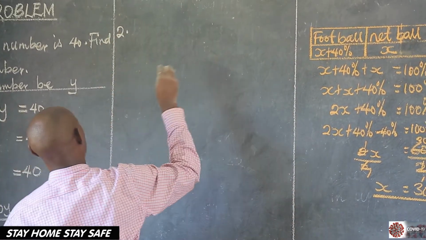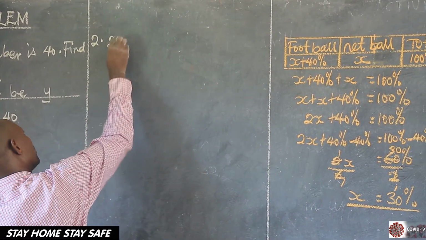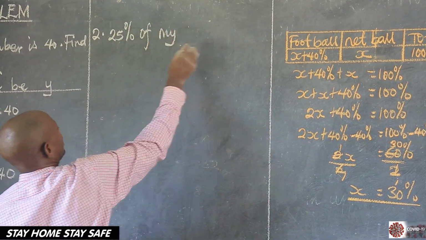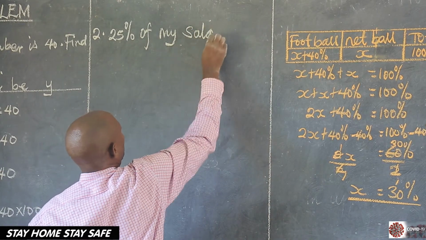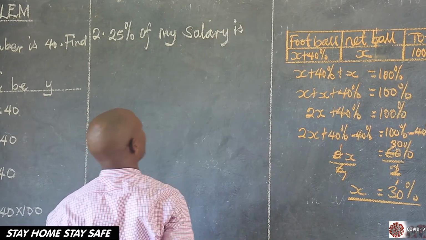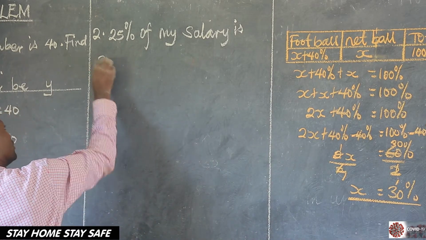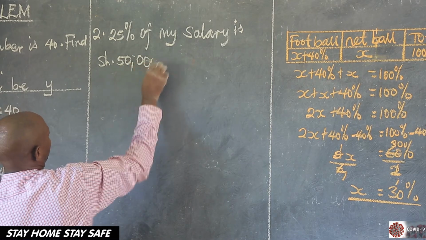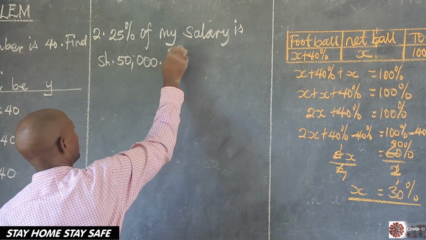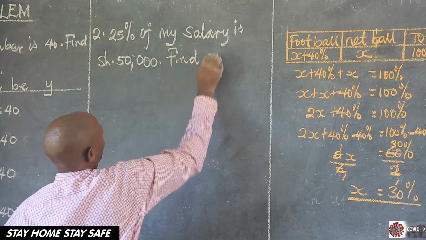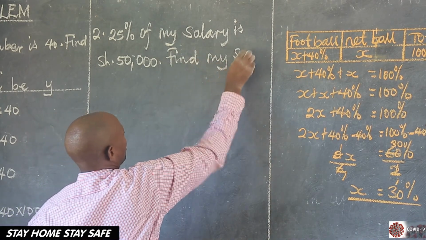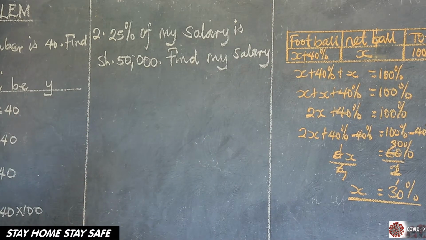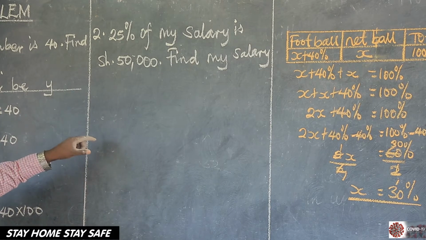Number 2. 25% of my salary is 50,000. Find my salary. 25% of my salary is 50,000 shillings.